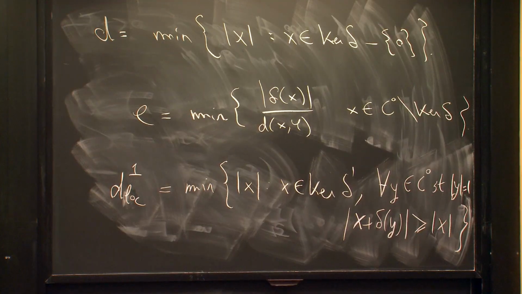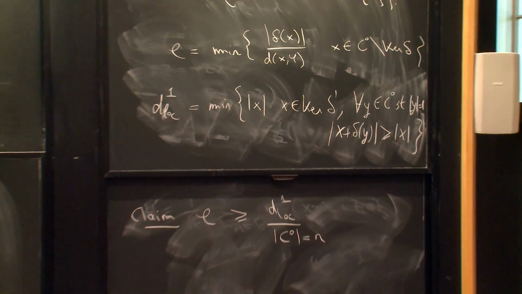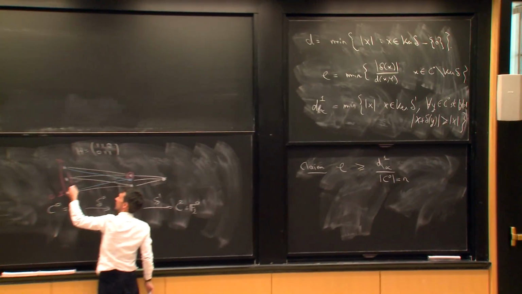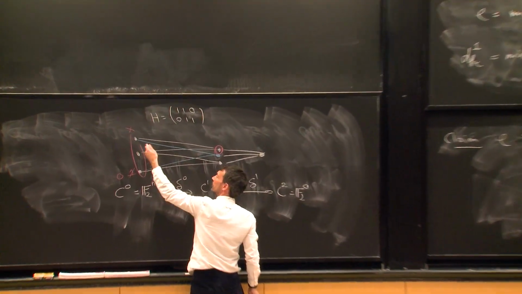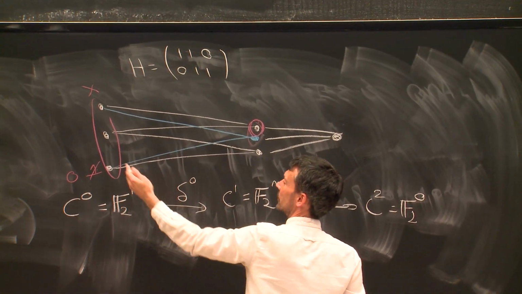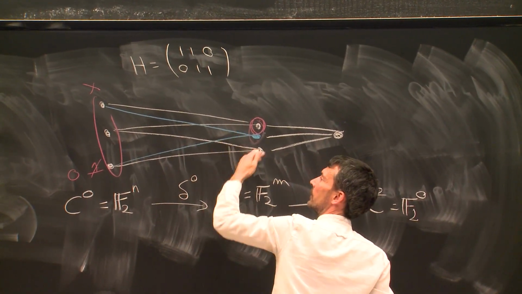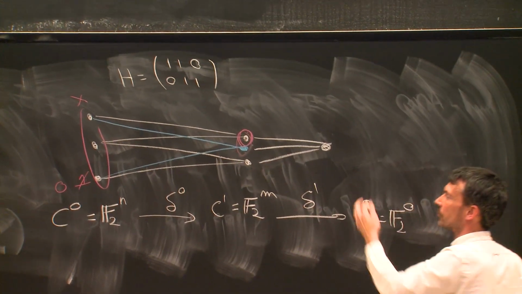So it's natural to think, I didn't say this, of it as an expansion parameter, right? Because it's asking about strings that are far from the code, when you apply the co-boundary map, so the parity check matrix, their weight should expand, or let's say not shrink too much.